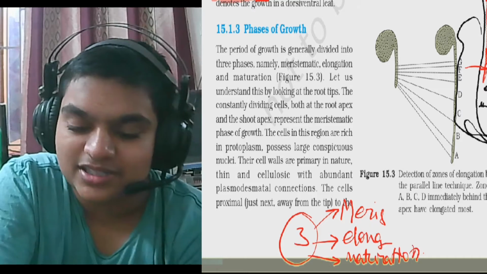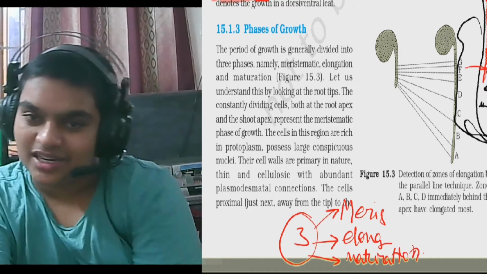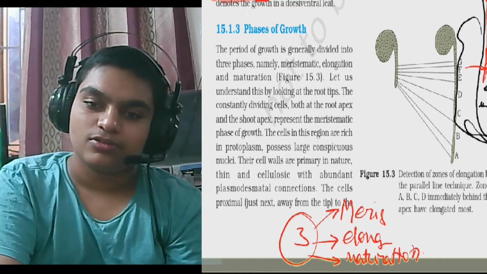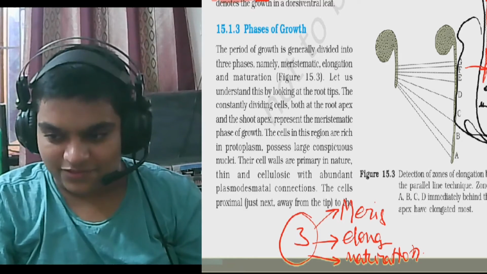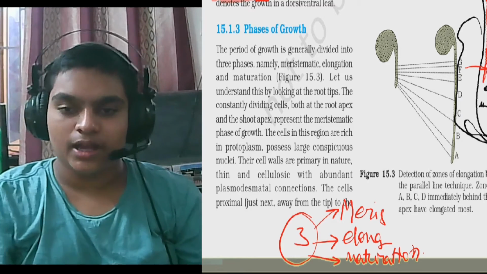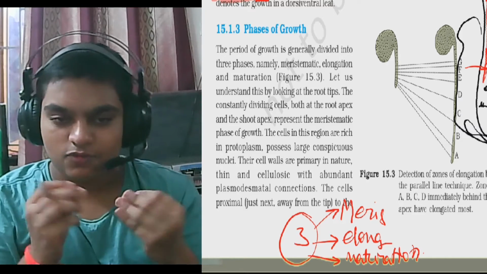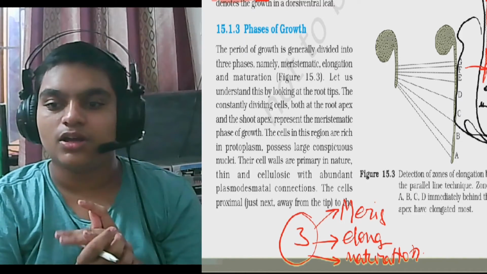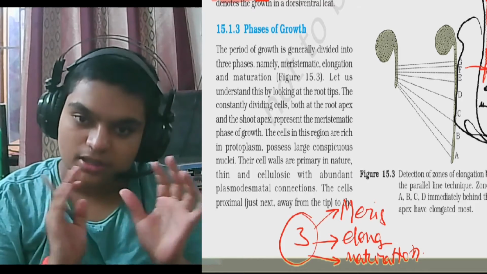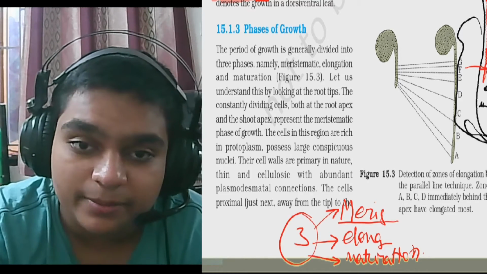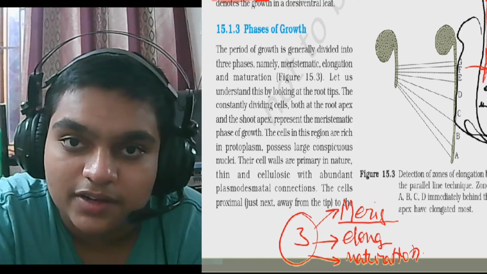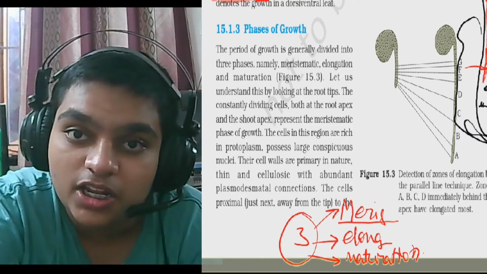Before listening to this trick, there is a small disclaimer. If you feel that this trick is somewhat harmful or somewhat wrong, please leave this trick. I am saying now only, please leave this trick. Compare the meristematic phase to our young phase, our juvenile phase.